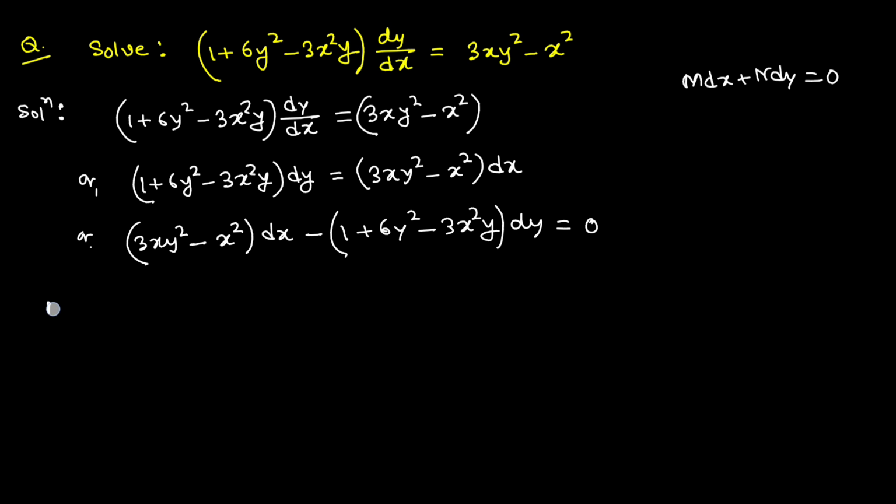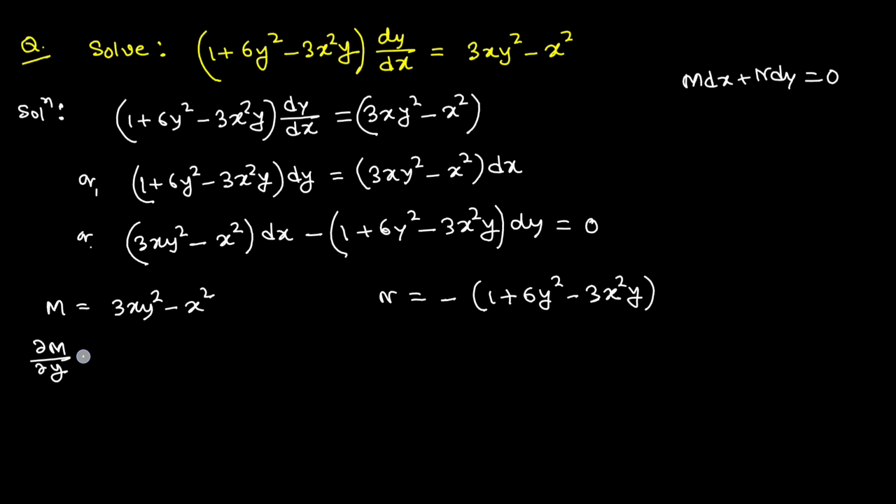So now what is M? M is equal to 3xy square minus x square. And what is N? N is equal to minus (1 plus 6y square minus 3x square y). So let's calculate del M del y. Taking the derivative with respect to y, this will be 2y, so 6xy. And here there is no expression of y, so this is 0.